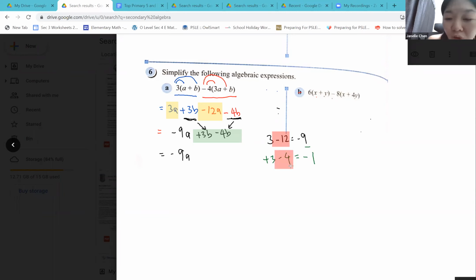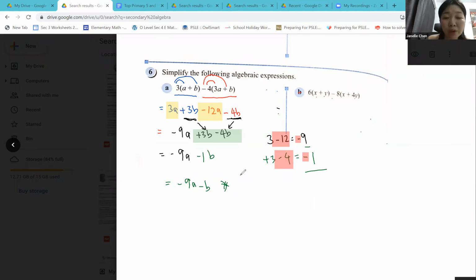And then minus 4; 4 is a bigger number and it's negative. So that's why we got the sign for the final answer as negative as well. So for the green part, it equals minus 1 b. We don't need to write the 1 when it's 1. So I just need to write minus 9a minus b. This is my final answer.